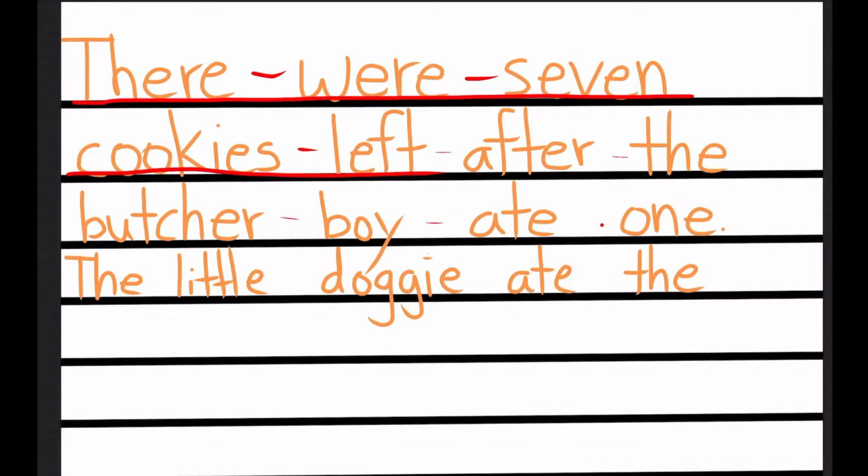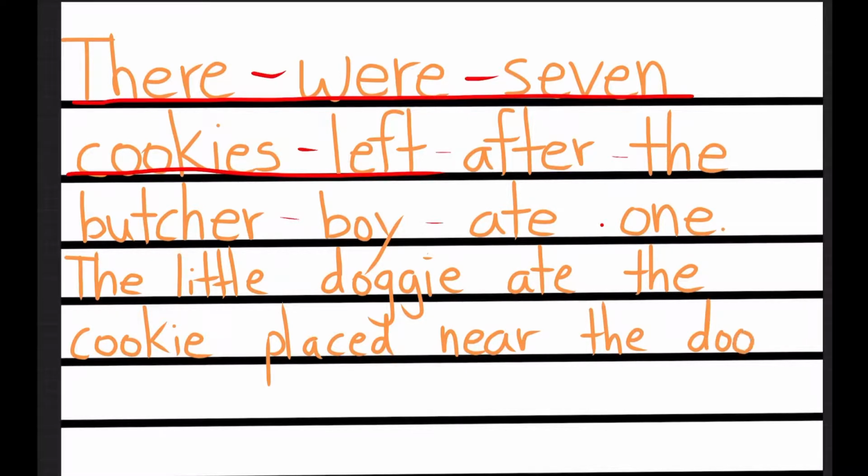Chris forgot the E. The little doggy ate the cookie placed near the door. So the little doggy ate the cookie placed near the door. Good word spacing. Writing on the line. Can make out each letter.